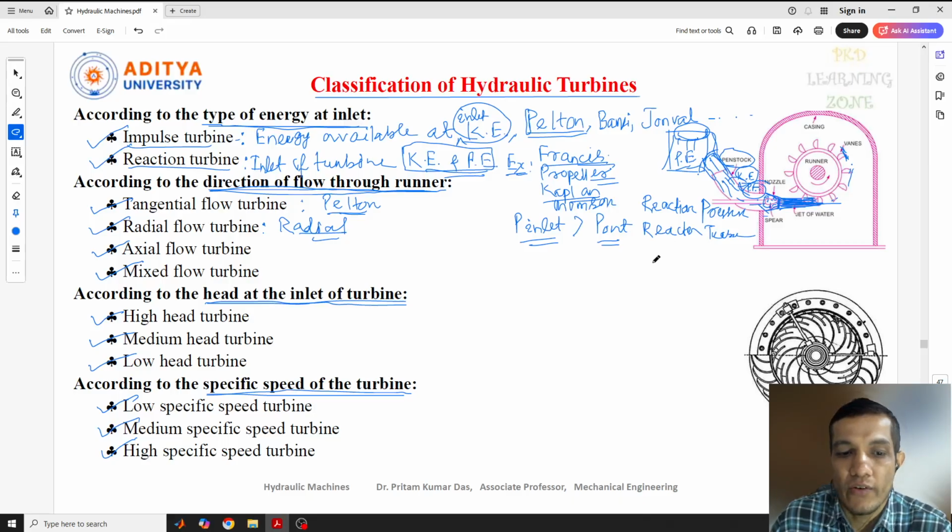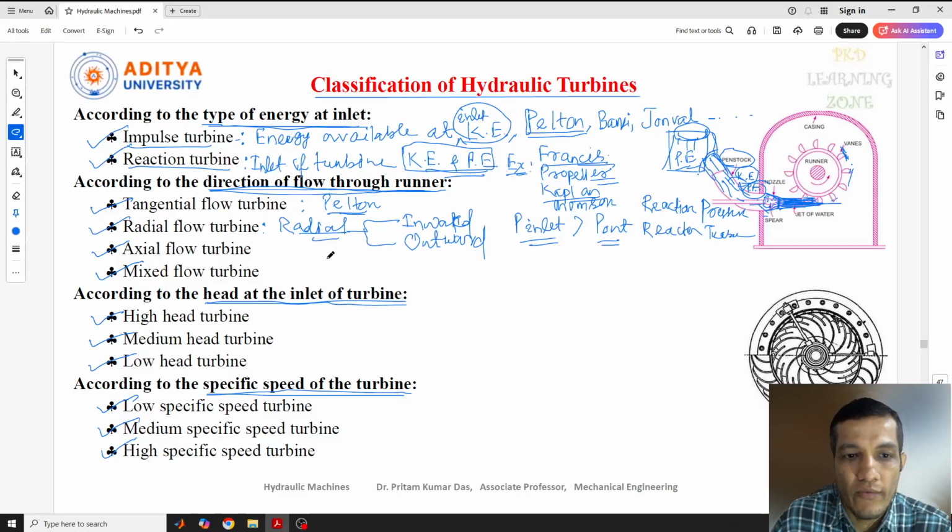The axis of rotation passes through the runner. And the radial turbine is categorized into two types. One is the inward radial flow turbine, and another one is the outward radial flow turbine. Two turbines are there, one is inward radial flow, another one is outward radial flow.